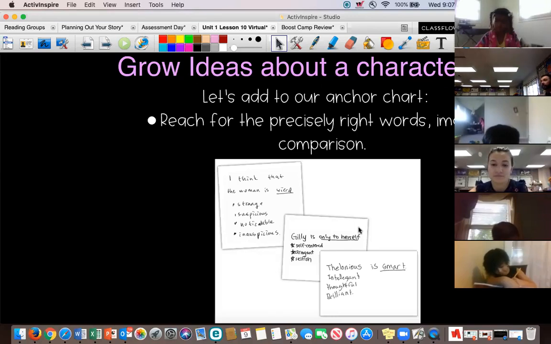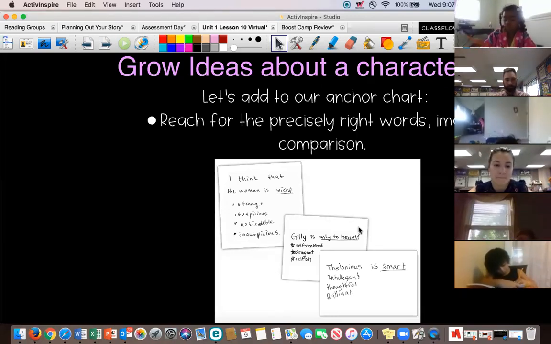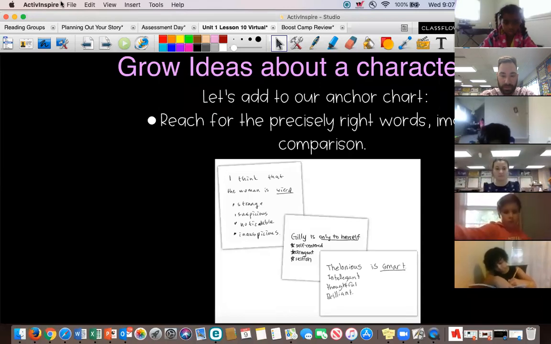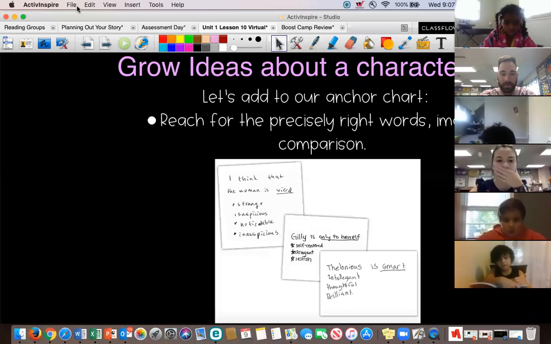Thirty more seconds, so we're going to move on. Are we supposed to write what's on the paper? What's on the screen where it says reach for the precisely right words, image, and comparison. That's it. You don't need to write the little post-it notes. But you'll notice down here it says, I think that woman is weird.